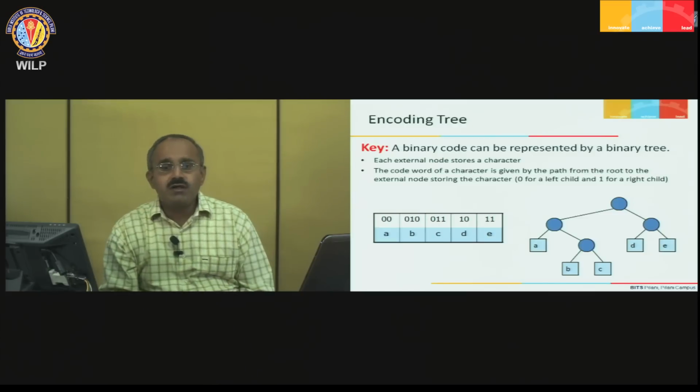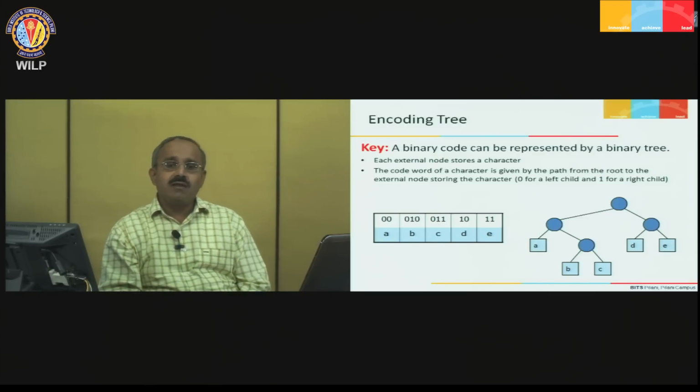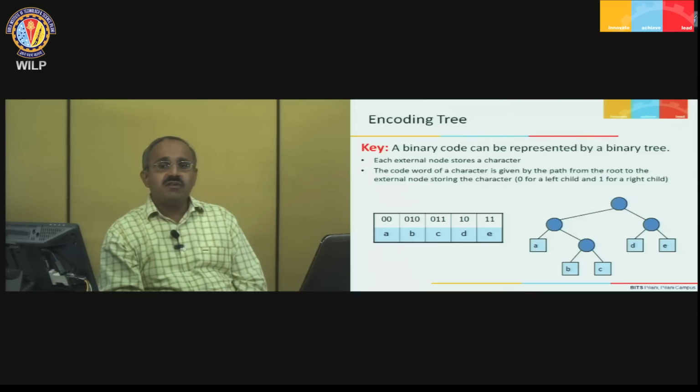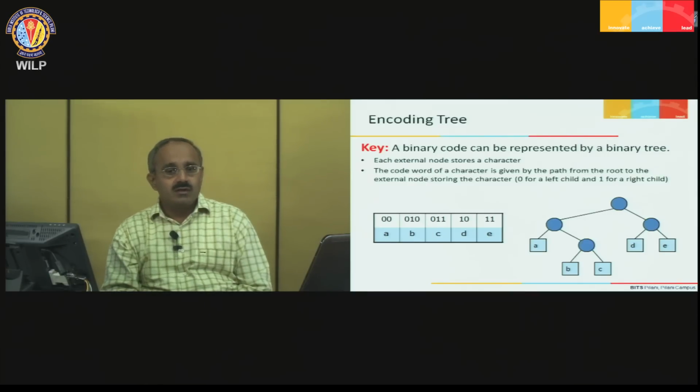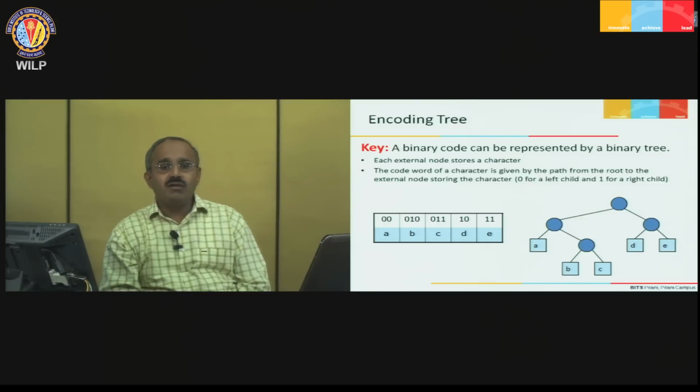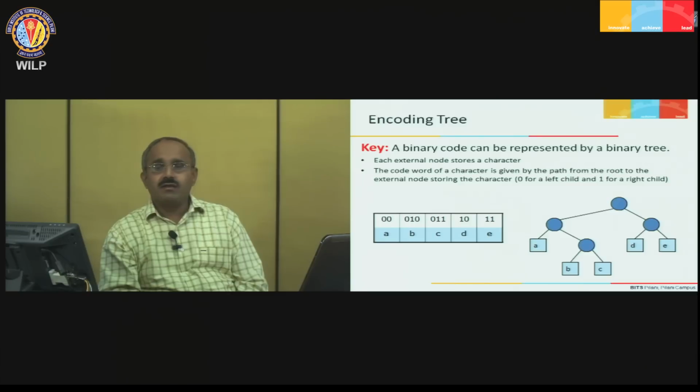Another crucial property of prefix codes, or generally binary codes, is that they can be represented by a binary tree. In the binary tree that is going to represent a binary code, each external node or leaf is going to store a character.